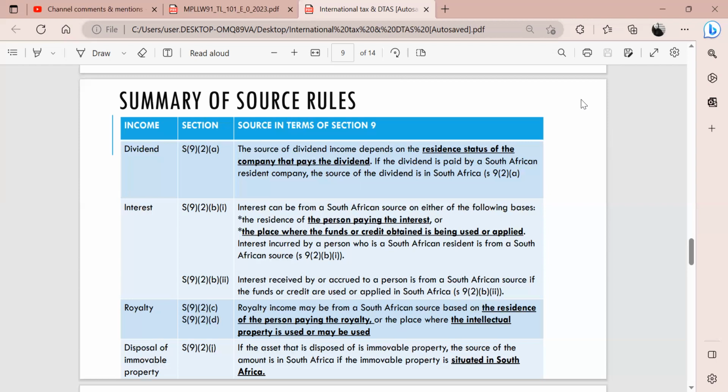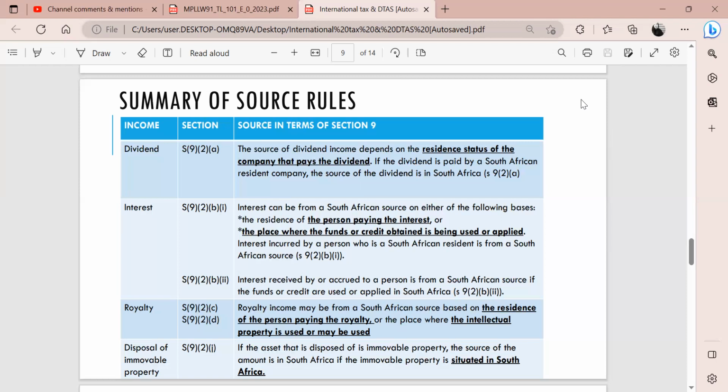And interest received by or accrued to a person is from a South African source if the funds or credit are used or applied in South Africa. So that's how we determine the source of interest income in terms of Section 9 2B 1 and Section 9 2B 2.